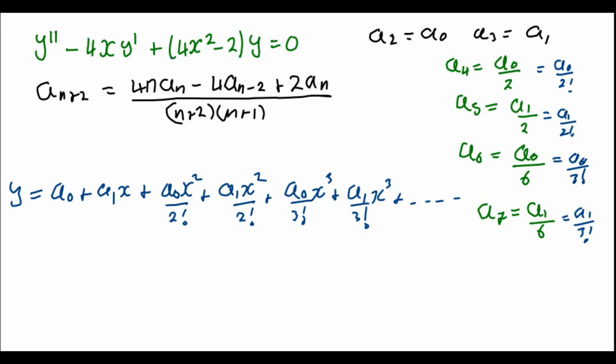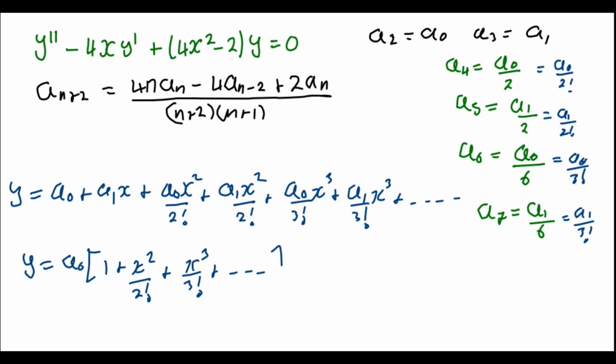Hence you can simplify this to say you can factor out the a sub 0. So this is a sub 0, open bracket, 1 plus, I get this one that has a sub 0, plus x squared divided by 2 factorial, plus another one that has a sub 0, x to the power 3 divided by 3 factorial, plus, this continues like that.